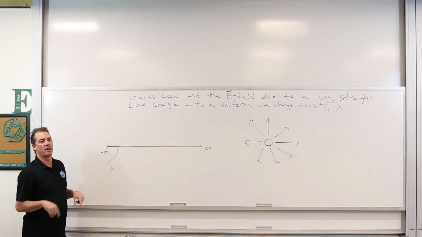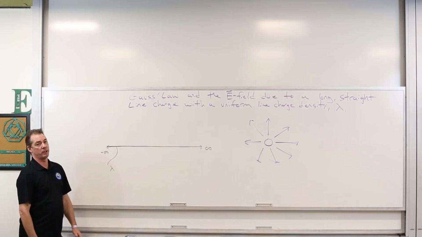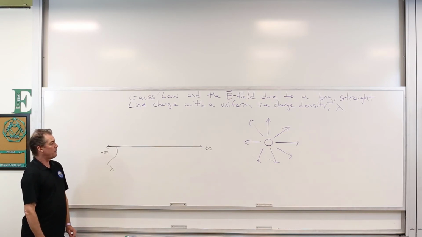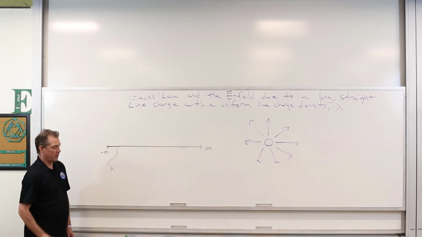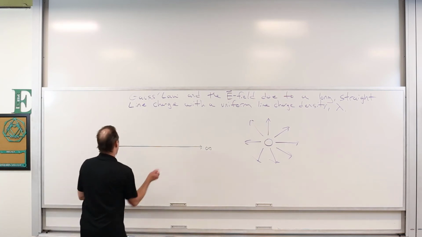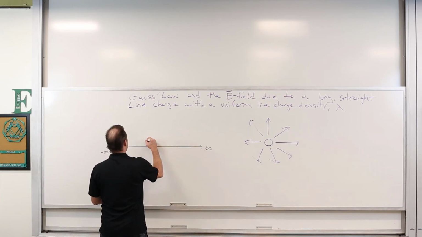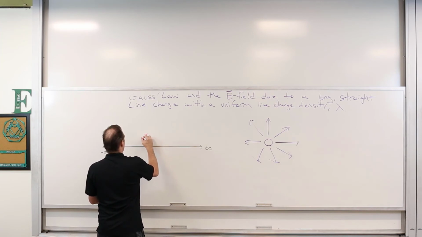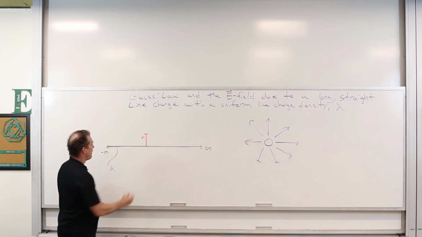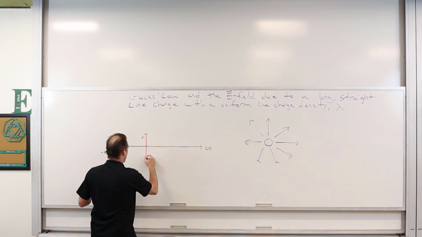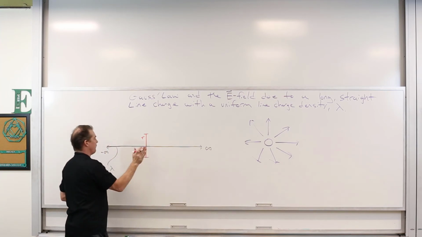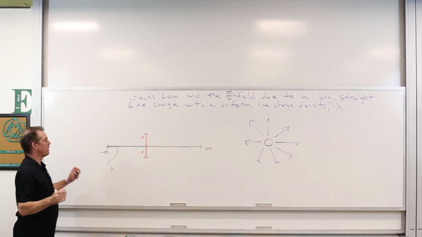Some cancel out, some add together, all in the same way, as long as we're the same distance away. So we've got two things going on. If we're a radial distance r away from this, whether we're above it or below it, or out in front of it, we have the same magnitude electric field.